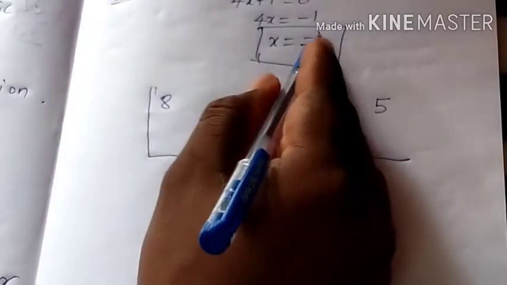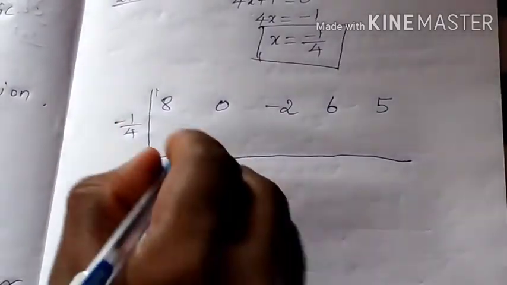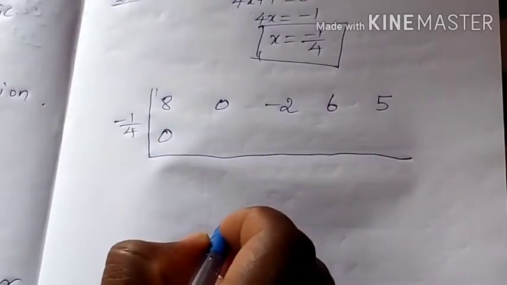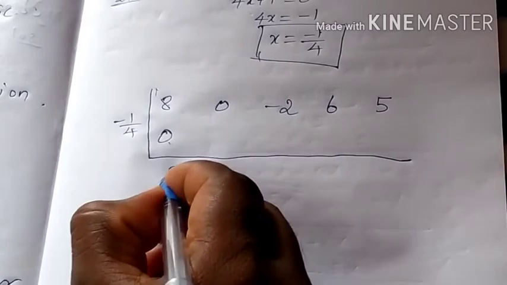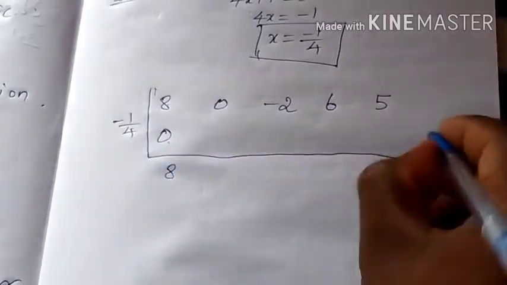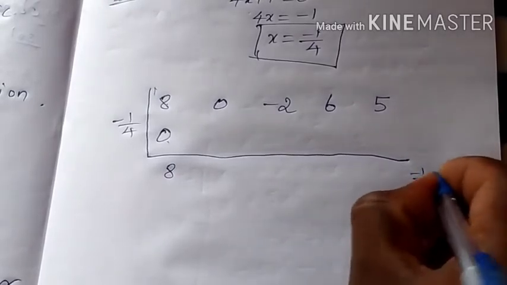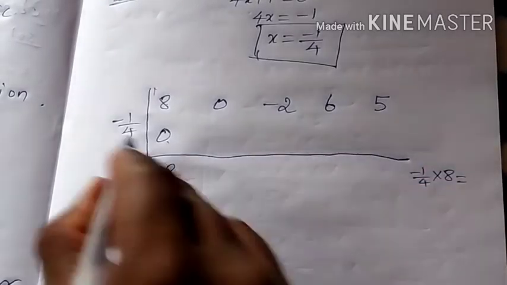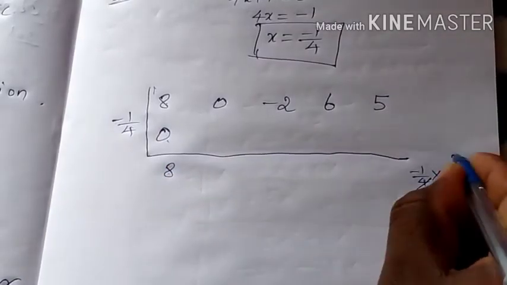Then the x value is minus 1 by 4. The initial value is 0, as already told. So 8 plus 0 is 8. Then multiply these two values, making a rough column. Minus 1 by 4 into 8 is what? 1 fours are 4, 2 fours are 8.